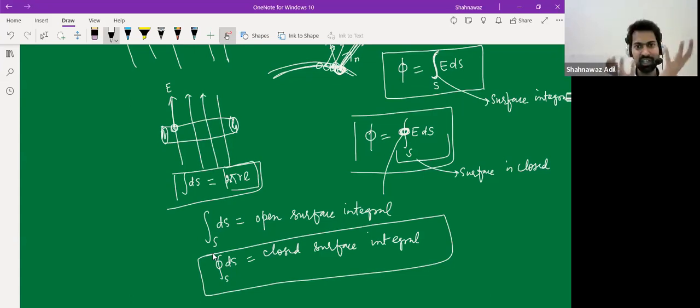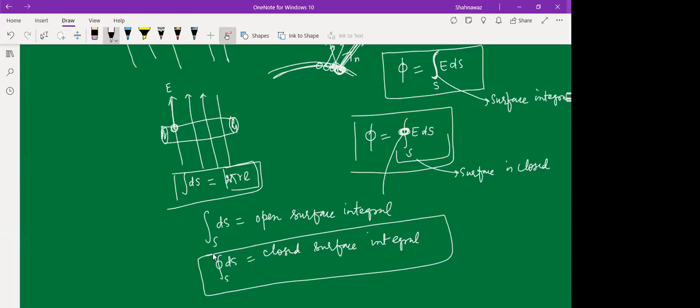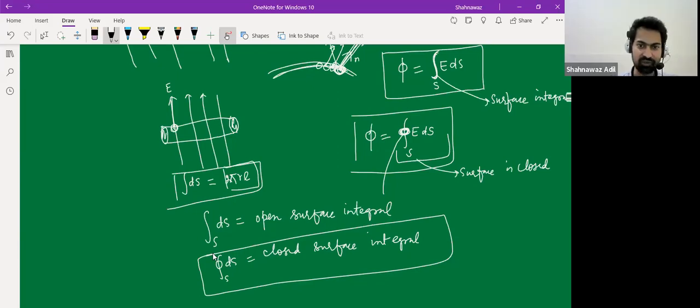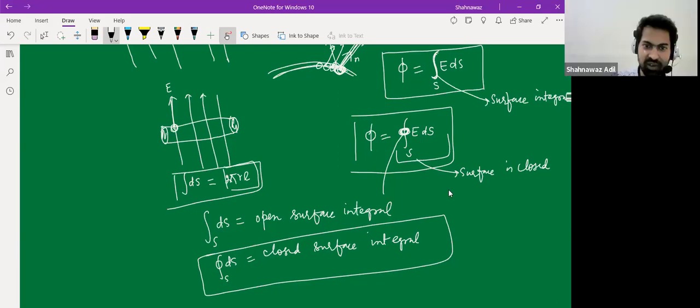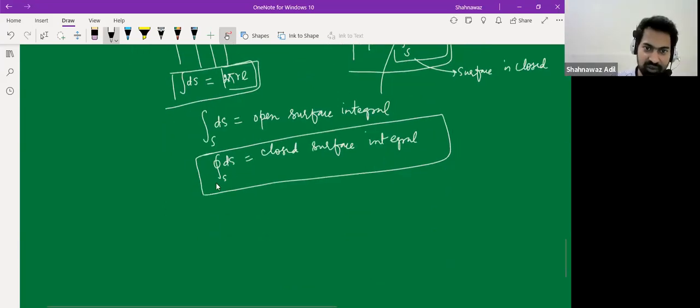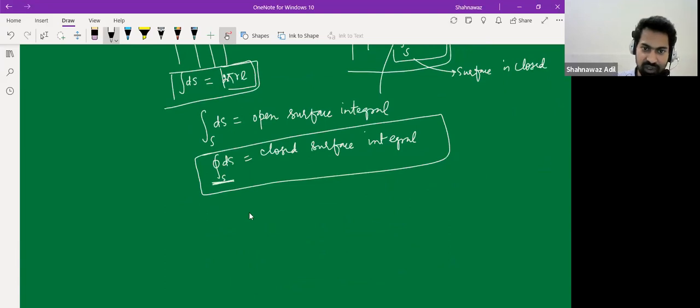So sphere, right, guys? A sphere is a closed surface. So an example of a closed surface is a sphere. Understood, guys? For the case of this sphere, this is dS.